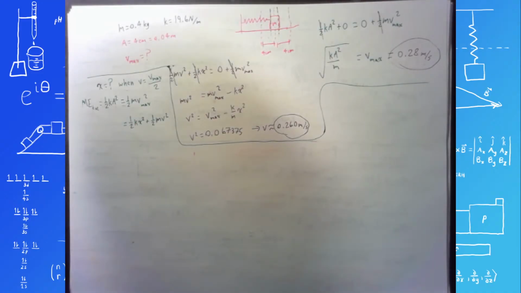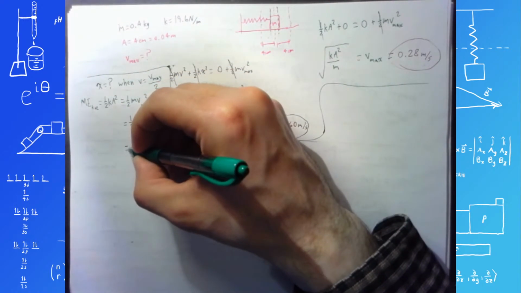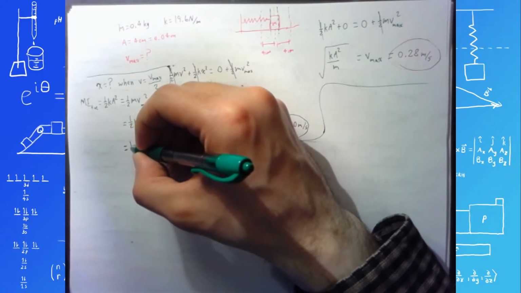Okay, they said that v is equal to v max over 2, so we can make that substitution here, and we should get something very similar to what we got earlier.